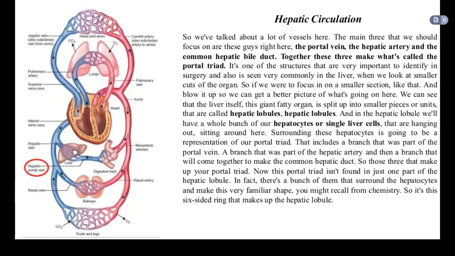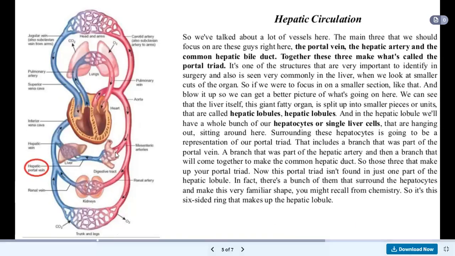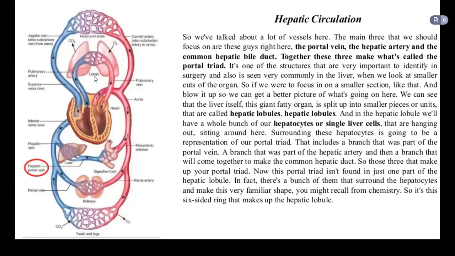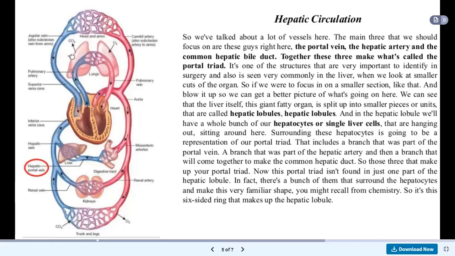Blood coming from the liver through the hepatic vein joins the inferior vena cava. Blood from the digestive tract comes through the hepatic portal vein and comes to the liver. And blood coming from the upper part of the body enters the superior vena cava. We already talked about that before.